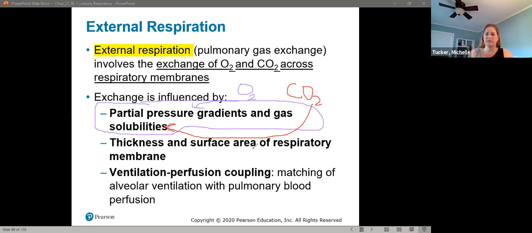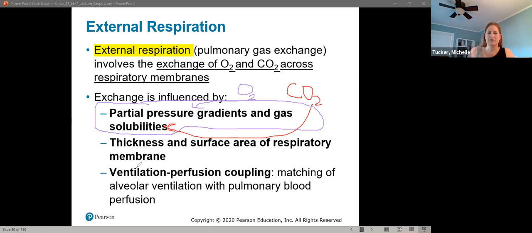Surface area can be destroyed with something like emphysema, because you lose alveoli and keep the sac, though the volume of respiratory membrane would go down. Thickness isn't usually a problem, though I guess there's probably a disease process associated with it as well.